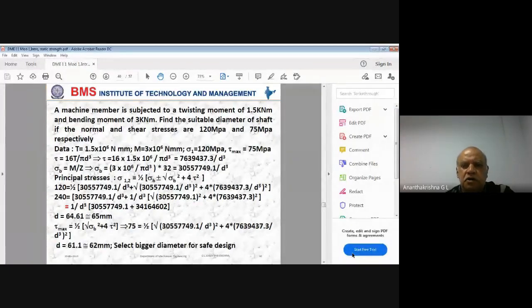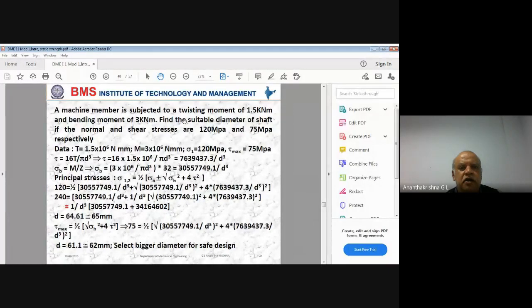A machine member is subjected to a twisting moment of 1.5 kNm, kilonewton meter, and bending moment of 3 kNm, 3 kilonewton meter.